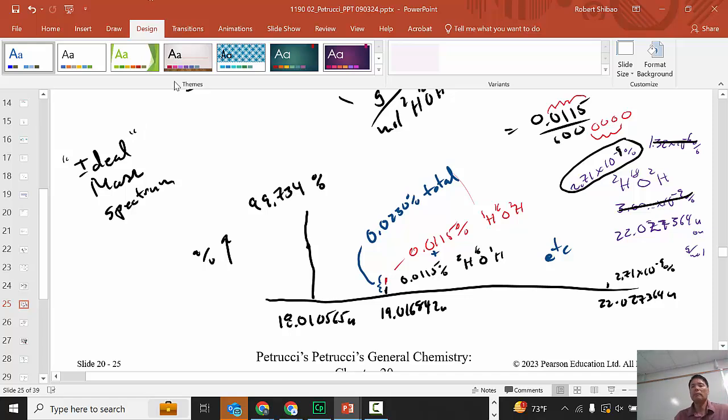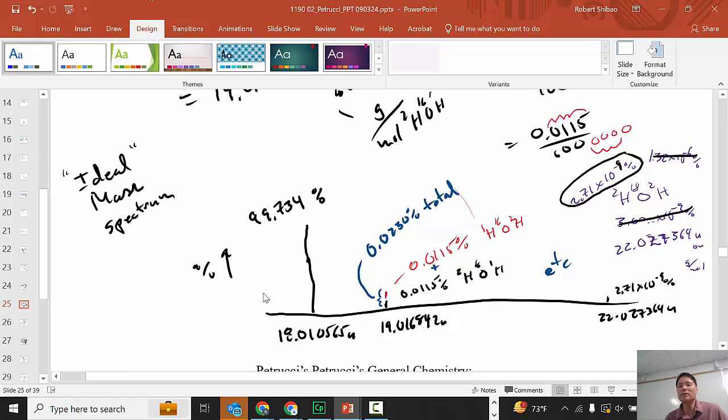All right, the question comes up, do I have to double this percentage? I have 2.71 times 10 to the minus 9%, H2O18H2. Should I double this like I did the last one? Are there two ways of making this or only one way of making this? There's only one way, so I'm not going to double this.